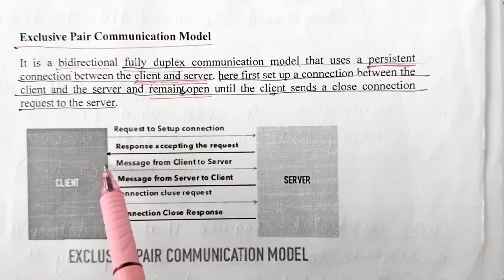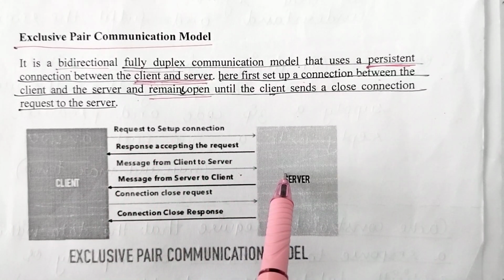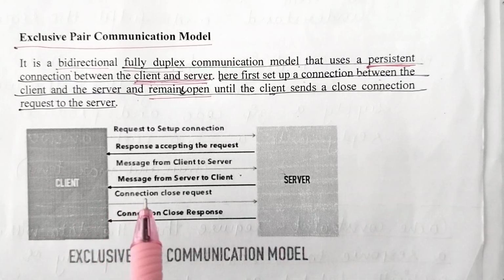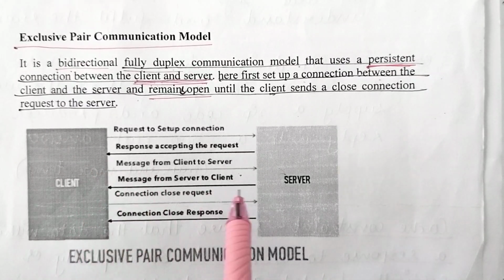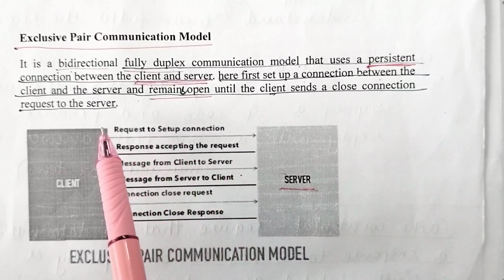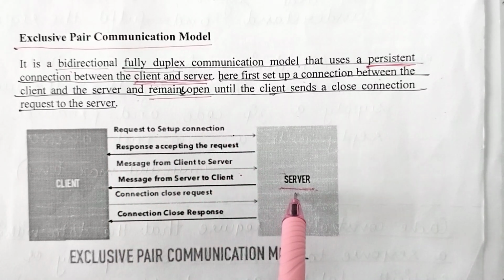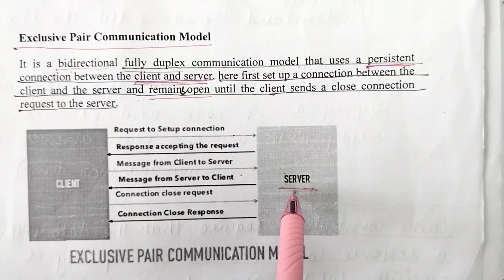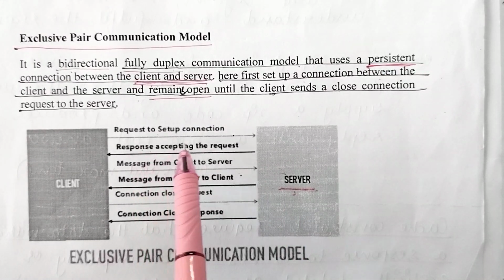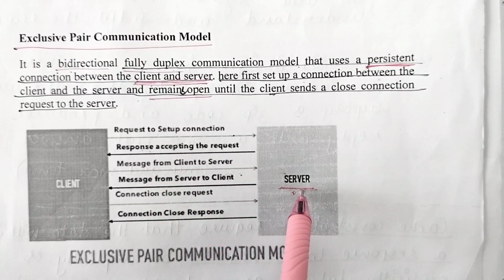So how this model works is that, first of all, the client sends a request to set up a connection, because the client is the one who wants to request data. So in order to set up a connection, the client will first send the request to set up the connection. Now after the server receives the request, it will give a response accepting the request. It will say okay, I have accepted the request.